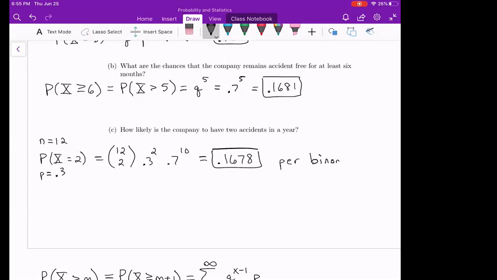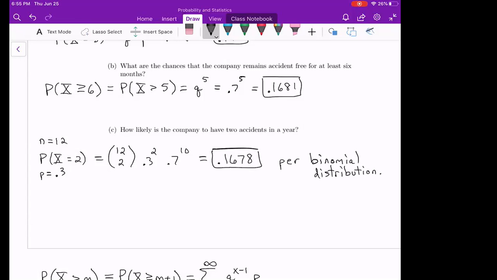Wait, you're looking at 2 successes instead of 1. Is that why it's just a regular binomial? No, it's regular binomial because, the way it's written, that second success, or the second accident, doesn't have to be in the 12th month.